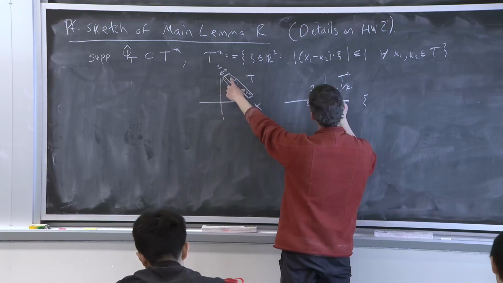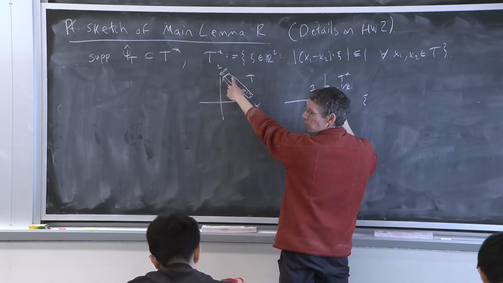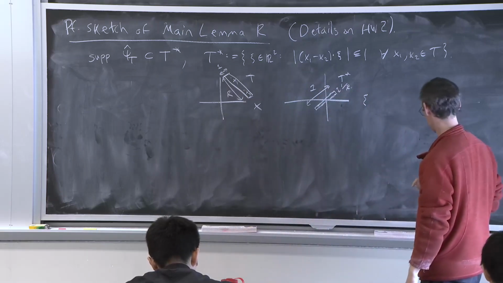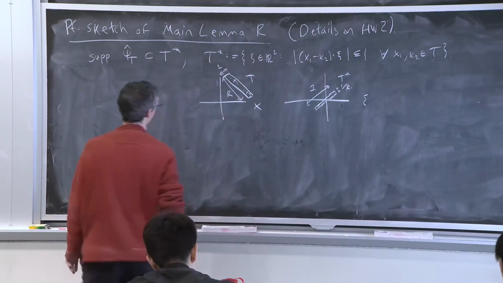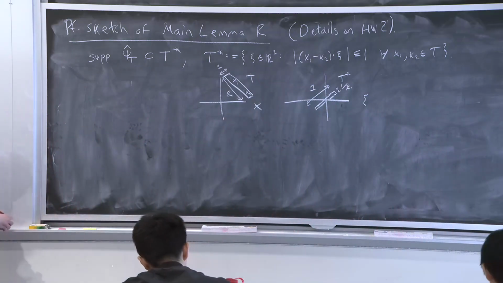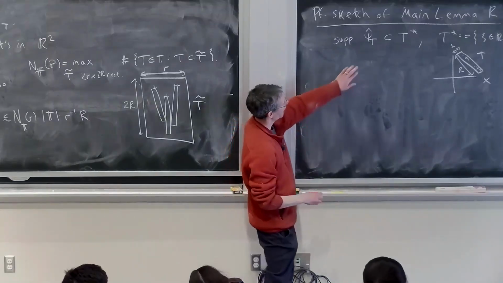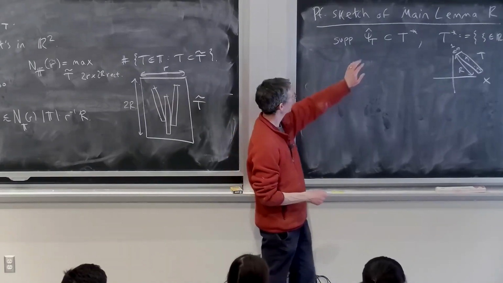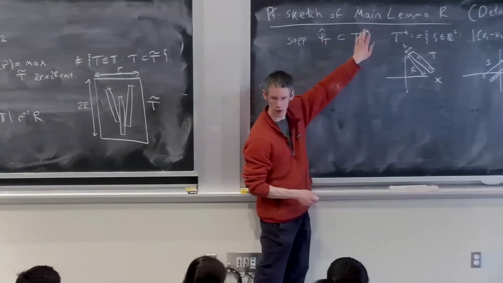And the short component here has size 1, which gets paired with the long component, which has size 1. This is analogous to the lemma we had in the finite field case, that the characteristic function of a line hat was supported in the line perp, which is length star.